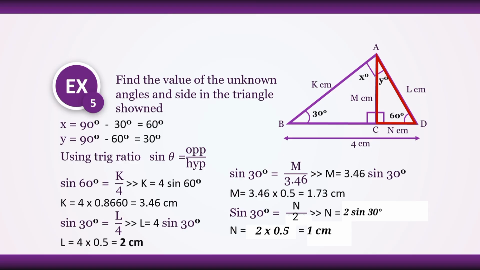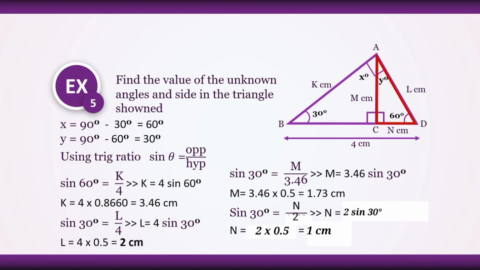You can apply trig ratio when you have a right angle triangle and you know just one side of your right angle triangle, and you know at least one interior angle apart from your right angle. So that is when to use trig ratio.